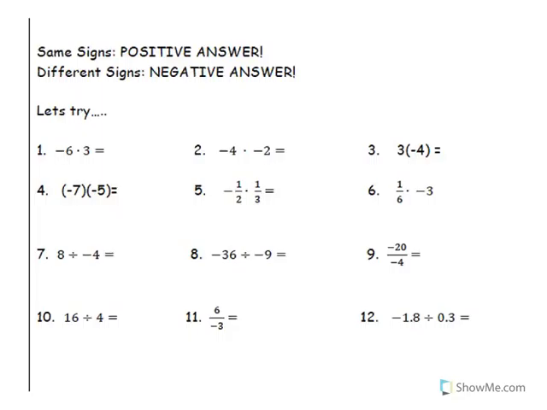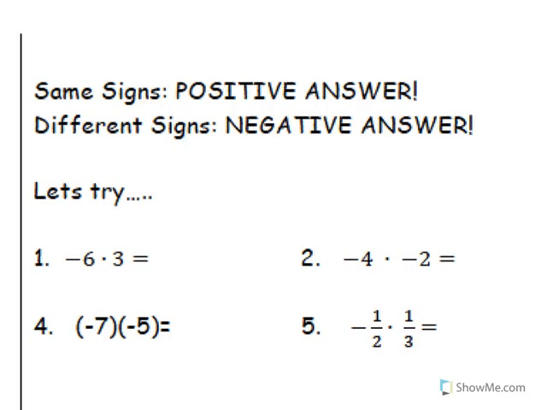Here's our next portion of our worksheet. If the two numbers have the same signs, you're going to get a positive answer. If the two numbers have different signs, you're going to get a negative answer. This is also another technique that you can use to memorize the rules. So let's start and let's practice.